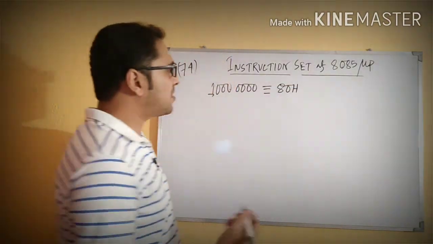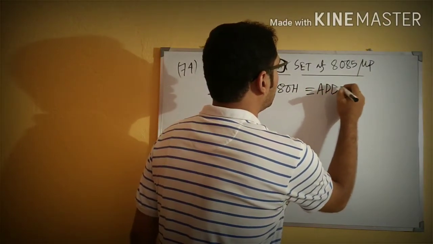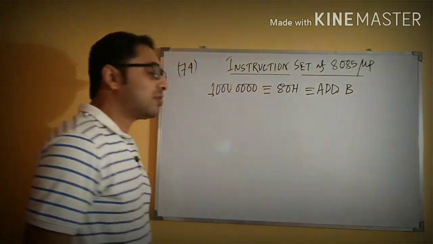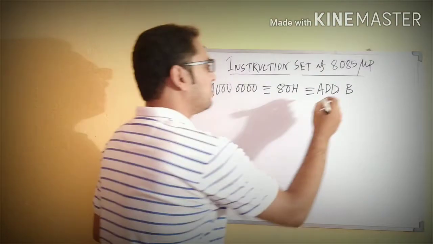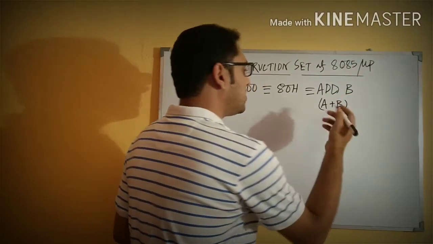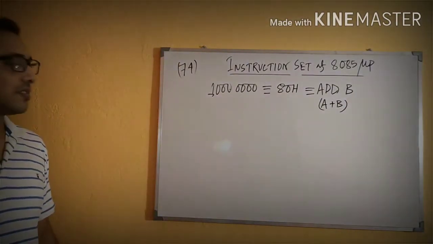The same thing can be represented in this way, that is called ADD B. So right now you can understand ADD B means we are talking about A plus B. What is A, what is B? Hopefully you know that. A is the accumulator, B is a general purpose register.